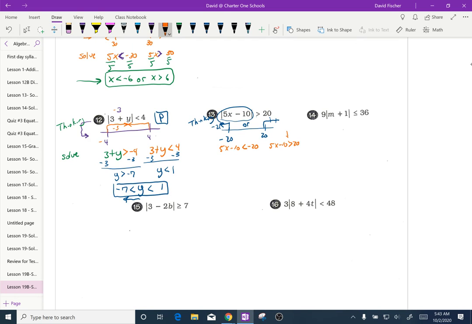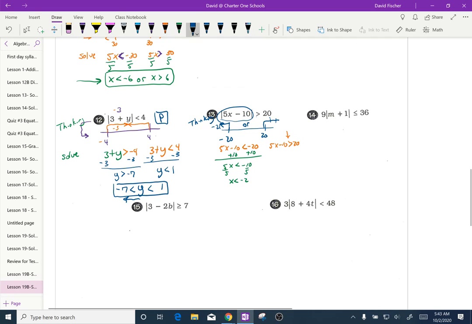Again, keep the sign the same right here on the positive side. So here we go. Let's add 10 to both sides. I got 5x is less than -10. Divide by 5. I'm getting x is all numbers less than -2.